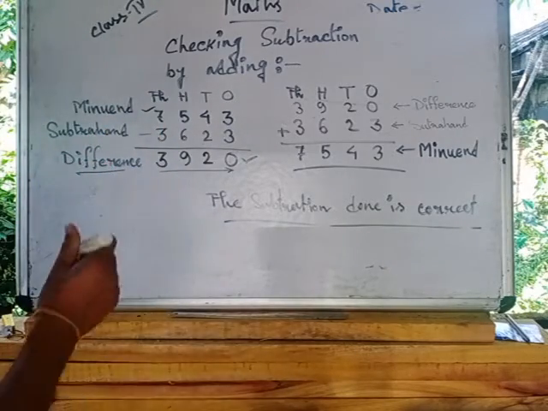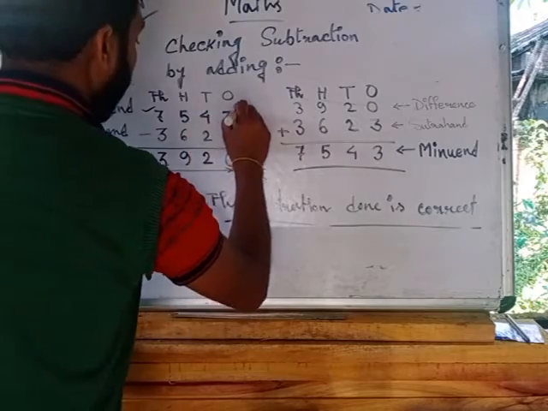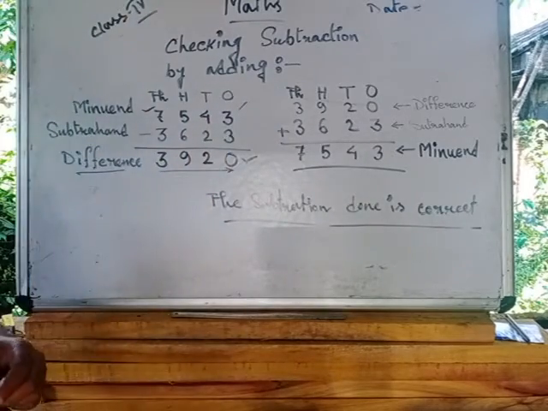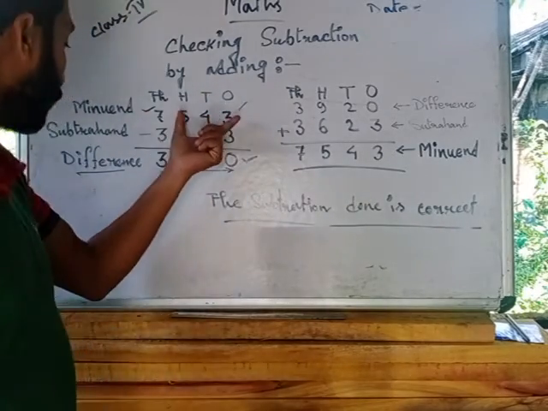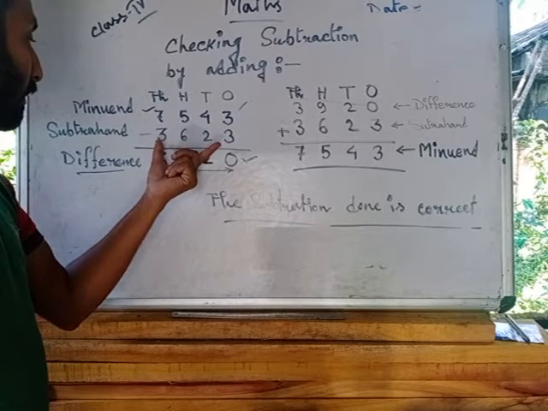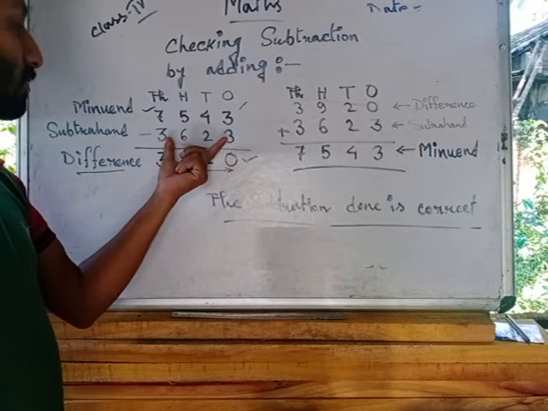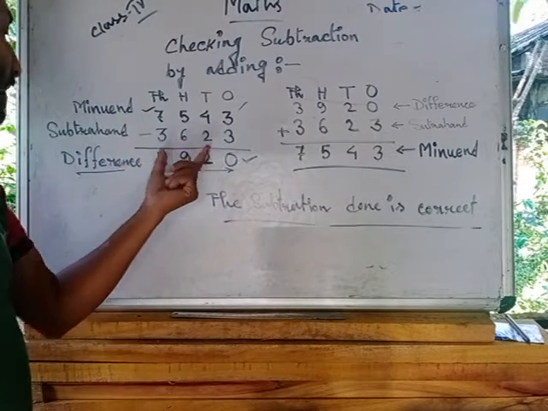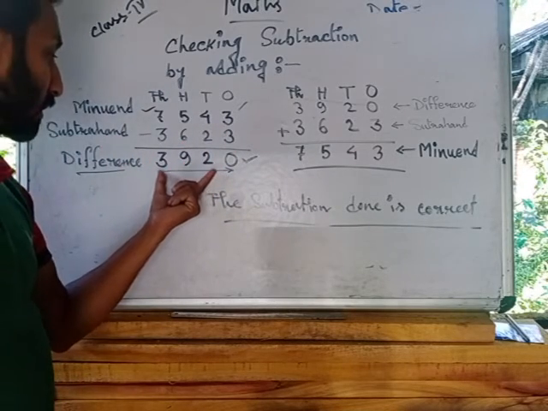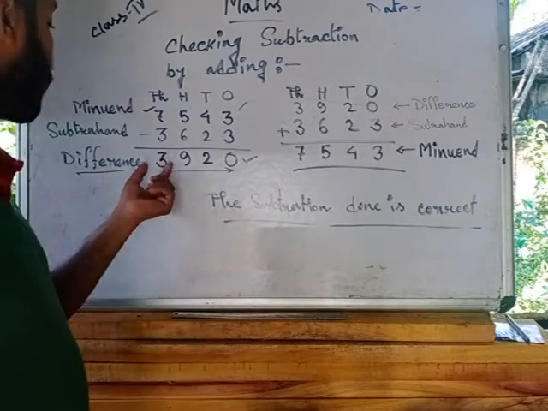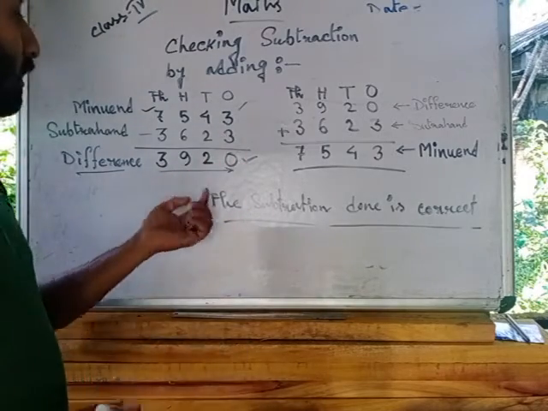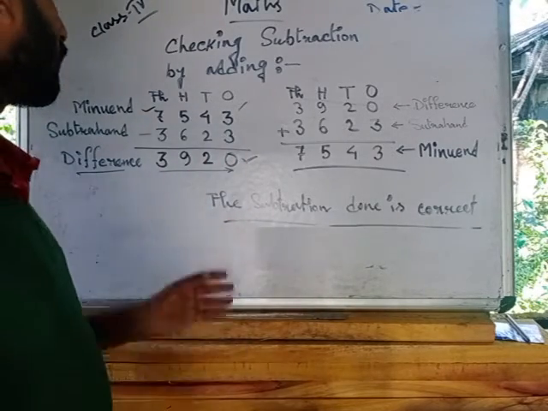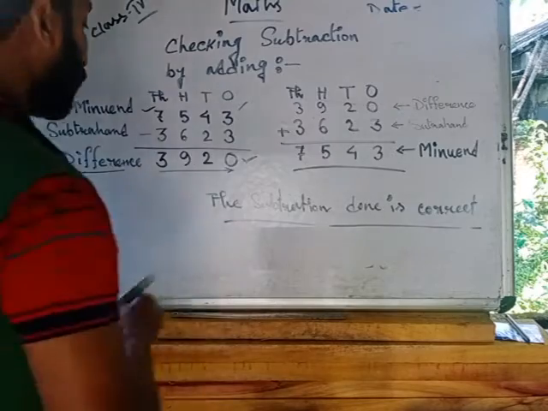Okay, that means the minuend is 7,544. We should subtract 3,623 as the subtrahend, and the difference is 3,920.